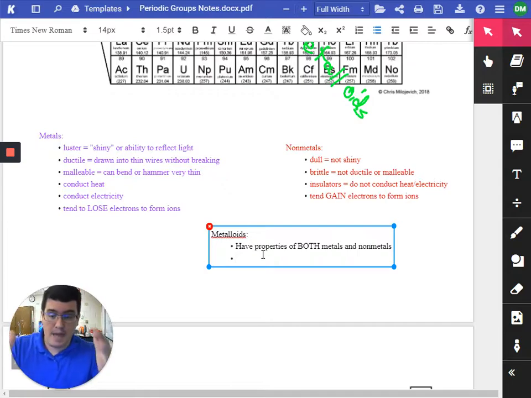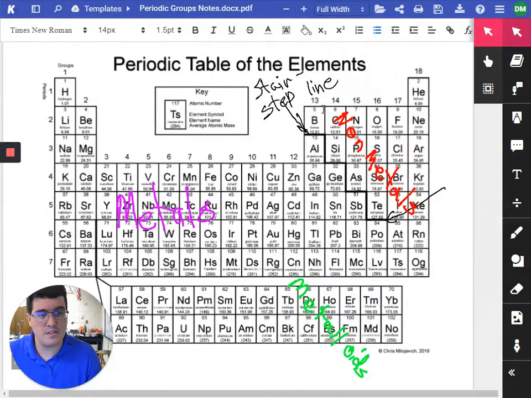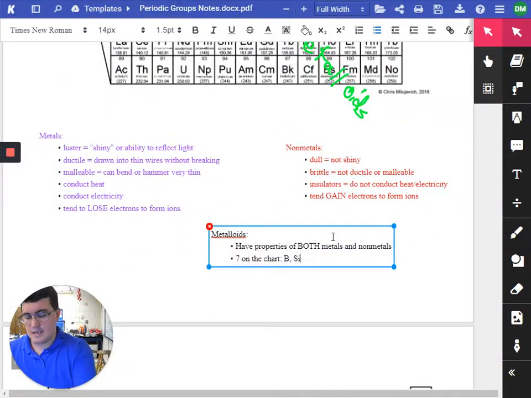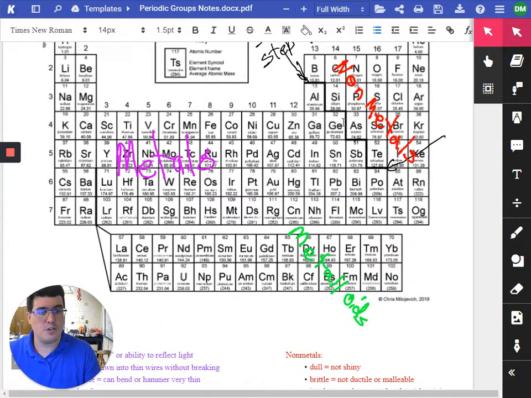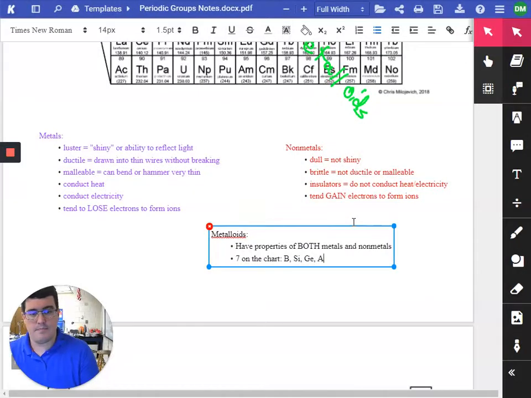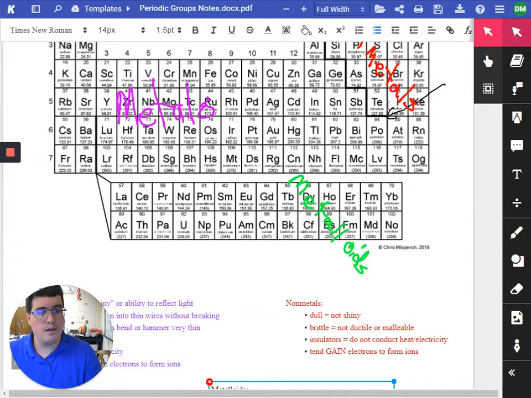But anyways, metalloids, there are 7. There are 7 on the chart, and they are boron, silicon, germanium, arsenic, antimony, tellurium, and polonium.